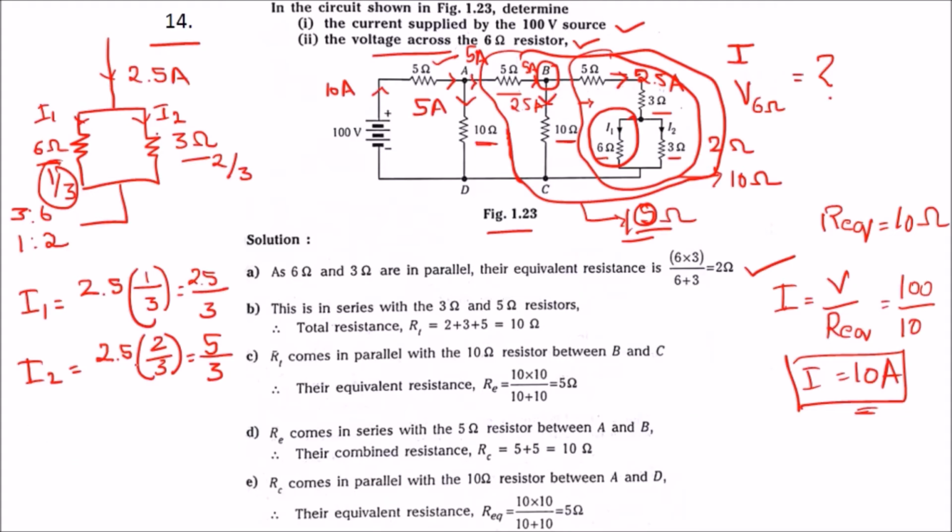V6Ω is equal to I1 into 6 ohm, so nothing but 2.5 by 3 into 6, which is nothing but 5 volts. So voltage across 6 ohm is nothing but 5 volts.